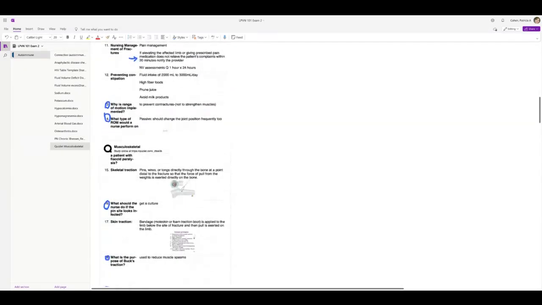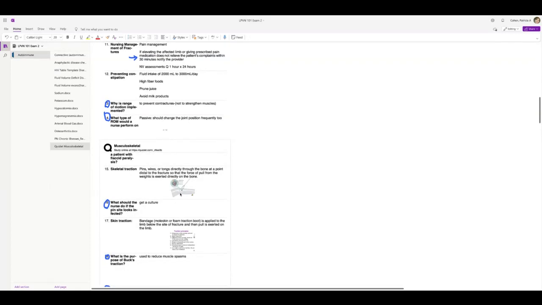Skeletal traction. Okay. So skeletal traction means they put it in with pins into a bone, right? And then it's hooked up to a weight system with pulleys that pulls this bone down. Now they use it preoperatively. They don't really use it that much anymore. They use more skin traction before surgery, like if somebody fell and broke their hip.